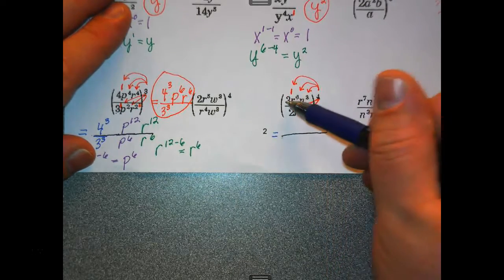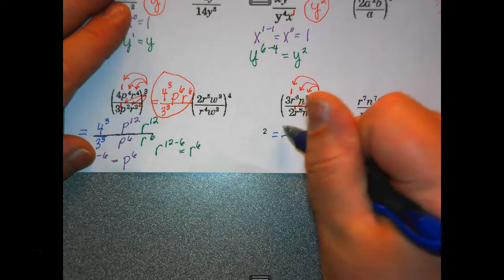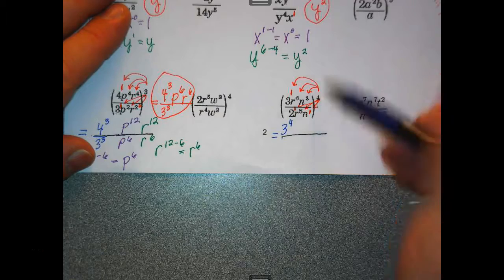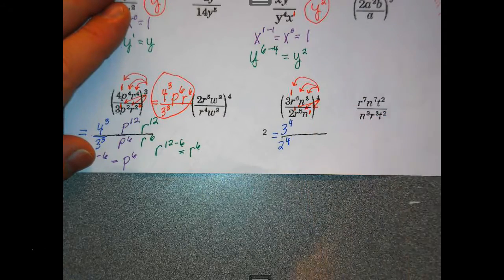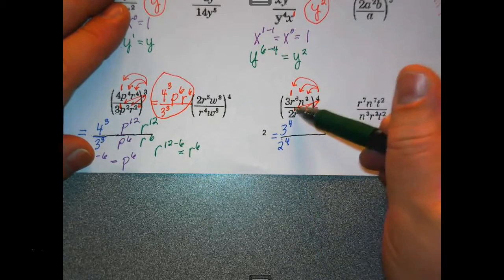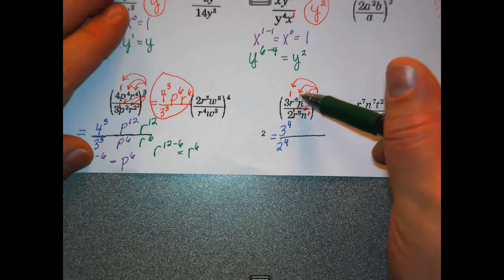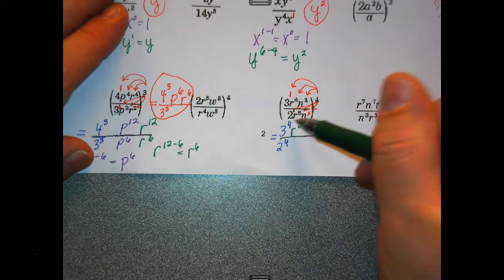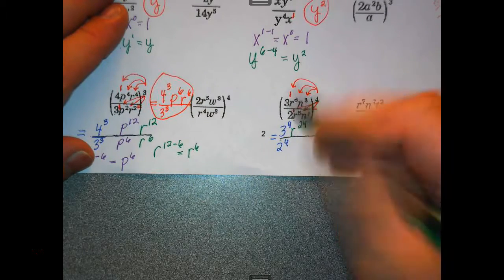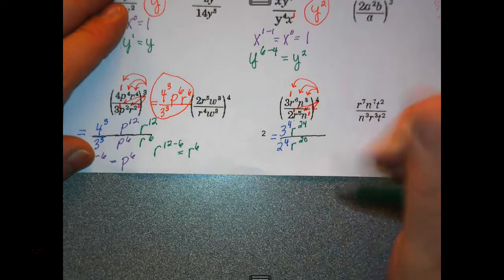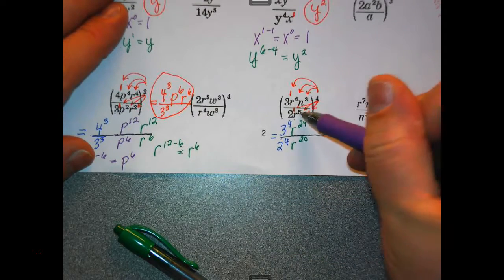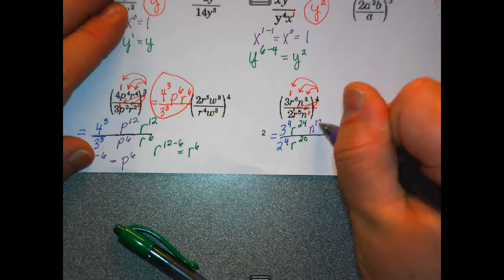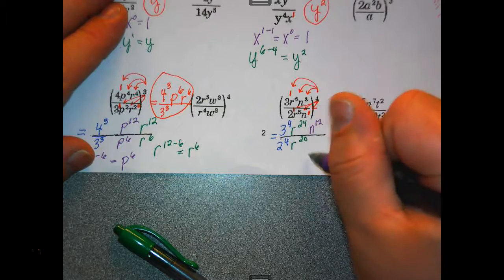Okay, numbers. 3 to the 1 times 4 is 3 to the 4th. 2 to the 1 times 4 is 2 to the 4th. r to the 6 times 4 is r to the 24th. r to the 5 times 4 is r to the 20th. n to the 3 times 4 is 12. n to the 1 times 4 is 4.